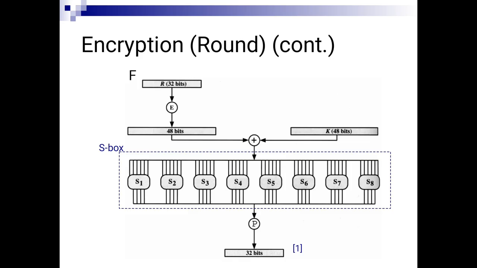B is 6 bits long, B1, B2, B3, B4, B5, B6, and B1, B6 together give the row of the matrix, 2 bits, that is 0, 1, 2, 3, and B2, B3, B4, B5 give the column of the matrix, that is 4 bits, 0, 1 up to 15.